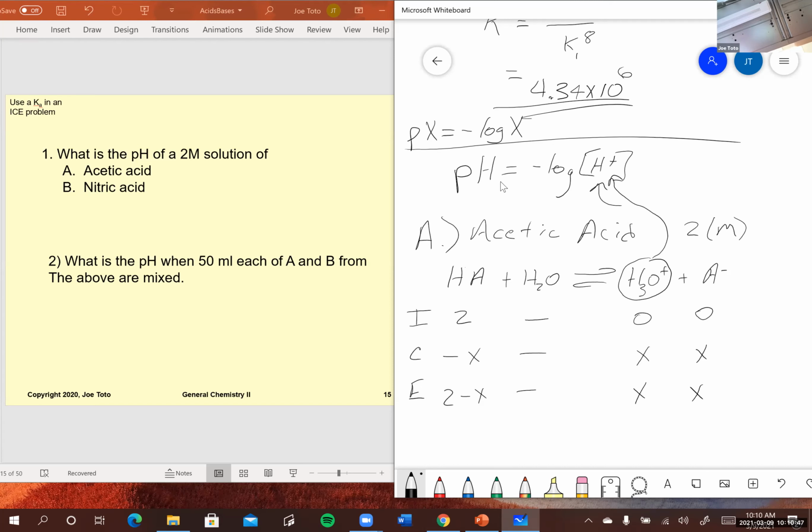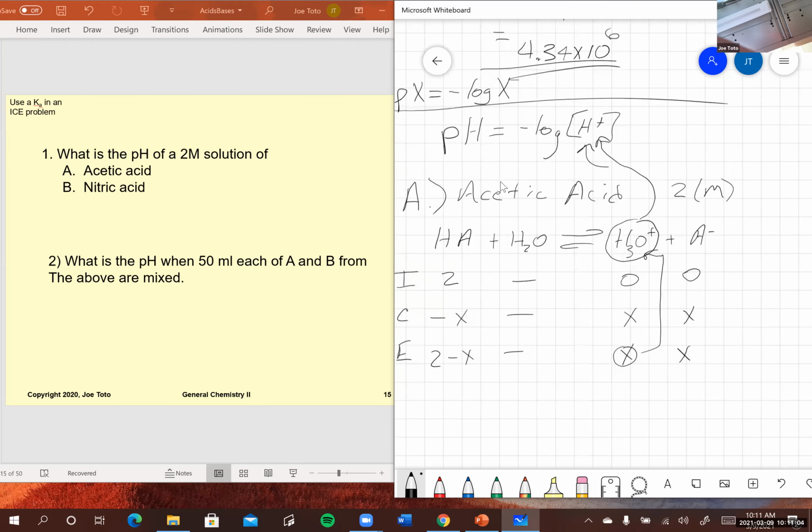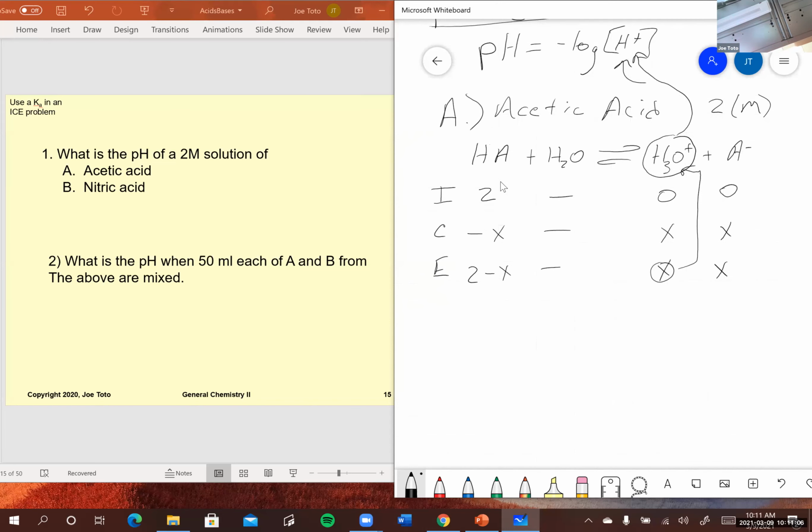So now I have my ice table all filled out, and I see that if I could find X, then I'll know how much H3O plus is produced and I'll be able to solve for the pH. Okay, any questions so far? All right, so what do I need now to find X? If you don't ask me questions, I'm going to ask you guys questions.